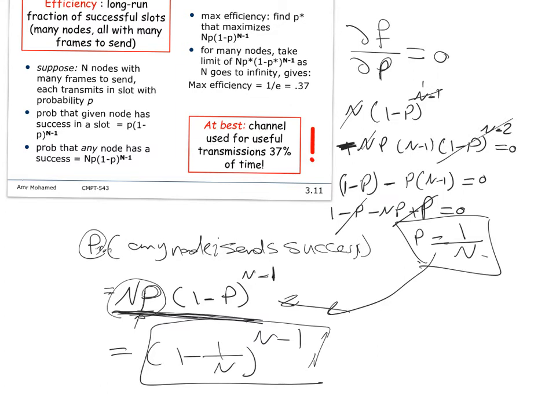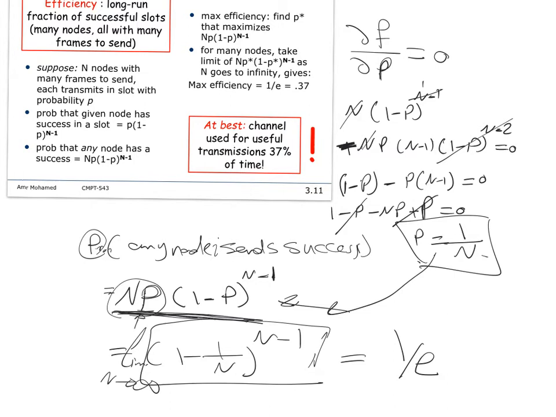The only thing left here is to take the limit of this when n goes to infinity, which is trying to reach the maximum value, when n is really high. It turns out that in fact this is 1 divided by e.